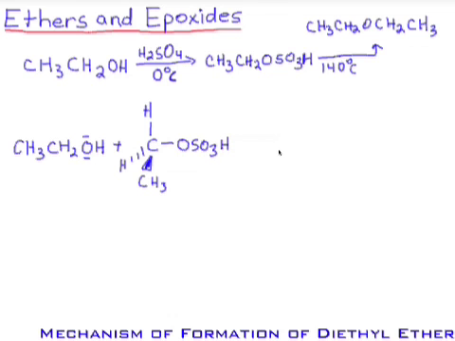And so we have the good leaving group, HSO4 minus. We do SN2 here. Let's draw the transition state.